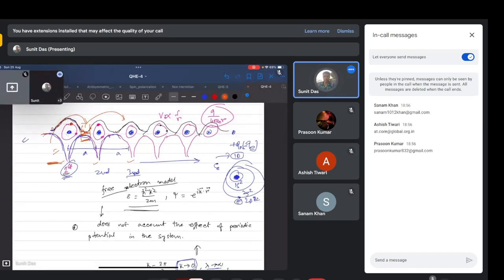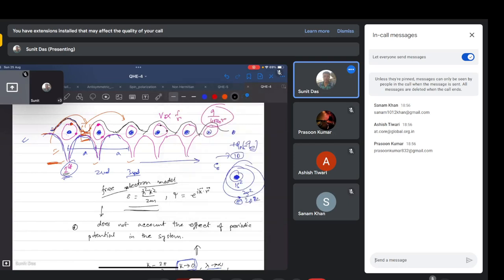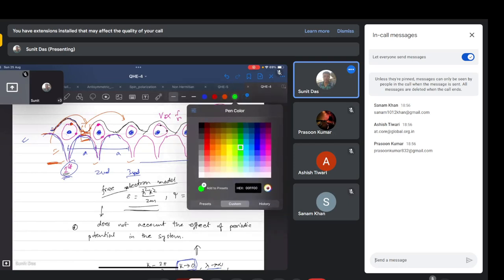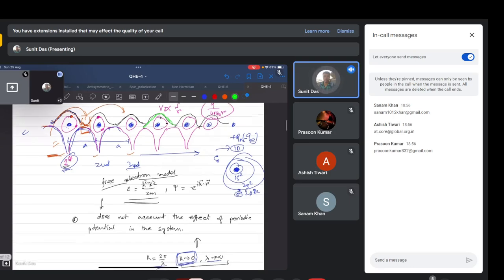Let me draw different colors maybe. Okay, so these are atomic orbitals concentrated around a particular atom. If I am talking about the 2p electron of the third atom, then it will just be concentrated around the third atom.